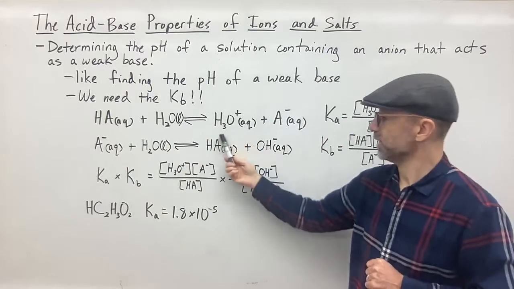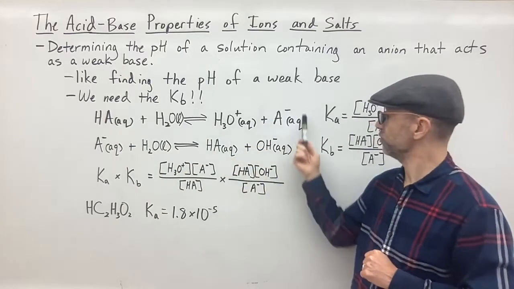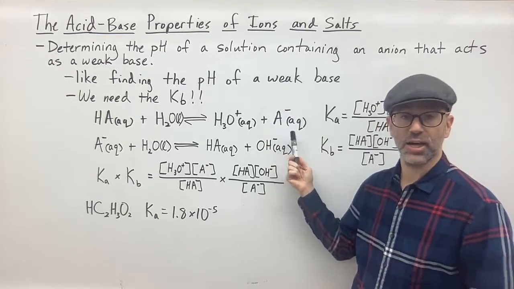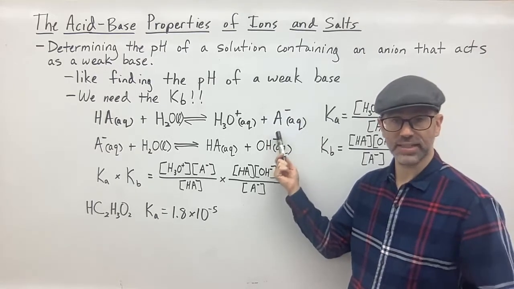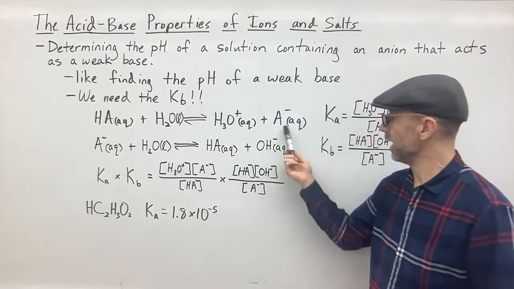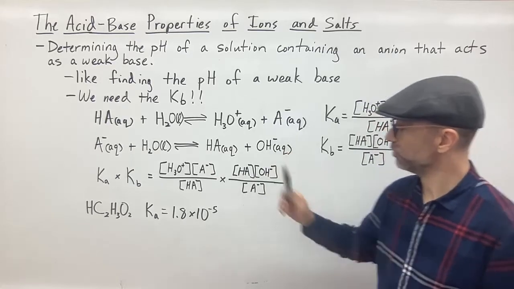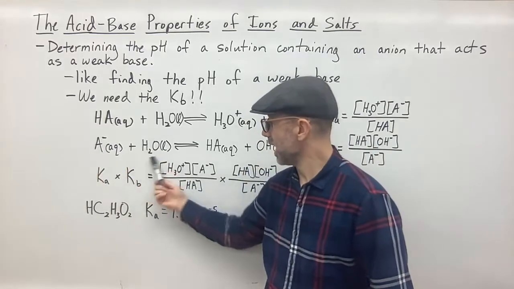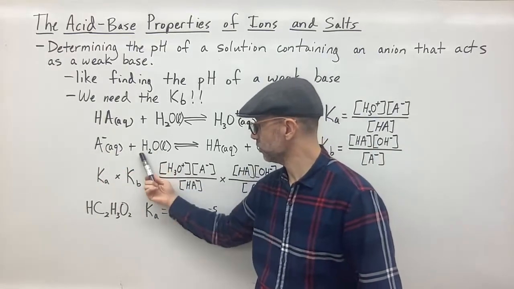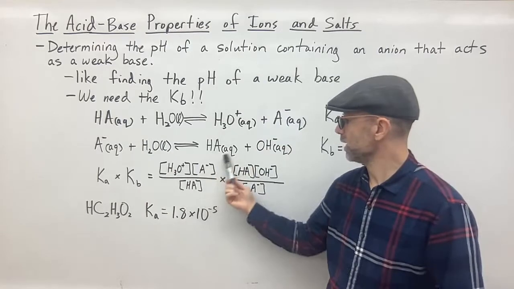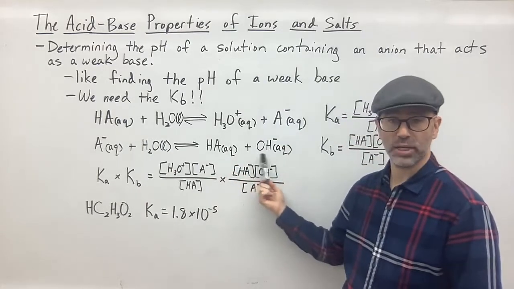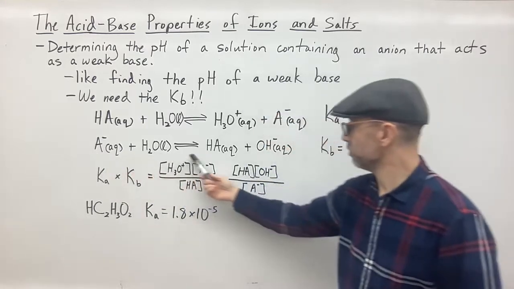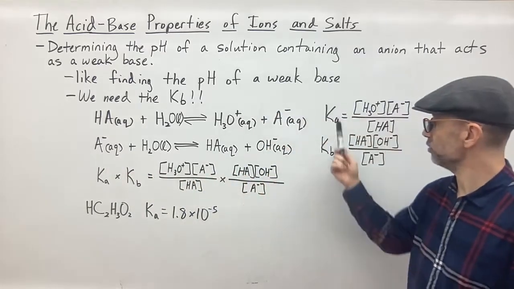It's going to form the hydronium ion plus your anion here, and this is the anion that is acting as a weak base. So this anion that acts as a weak base, you put that in water, it's going to take a hydrogen from water, ionize the water, give you the weak acid back, and then you have OH minus here. So since this is acting as a base, we need a Kb value.